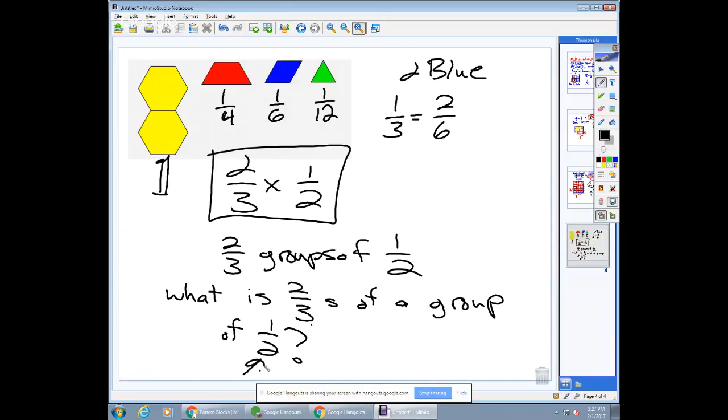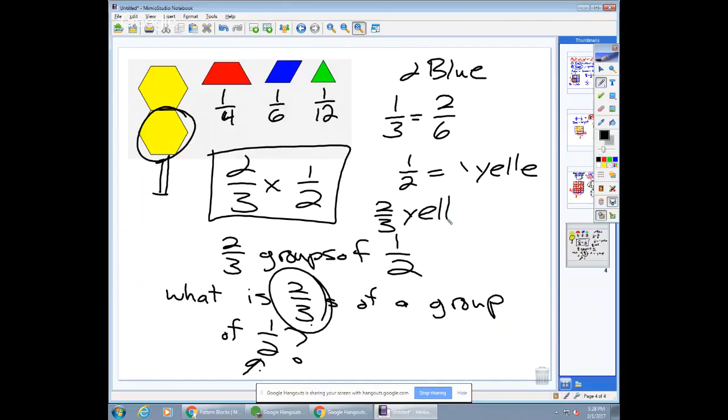Okay, well, wouldn't one yellow be a half? Given that yellow piece, we now have to say, what is 2/3 of it? So I can say 1 yellow is 1/2. Now I need to know what is 2/3 of a yellow?